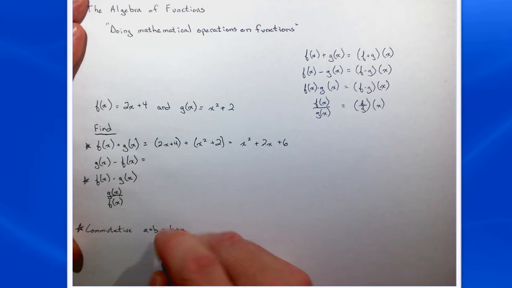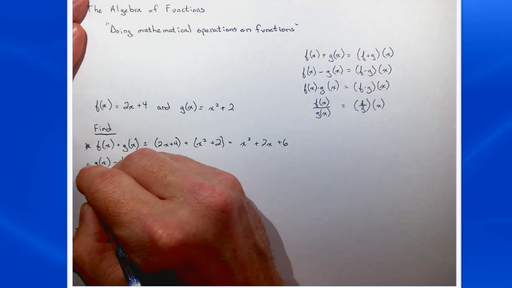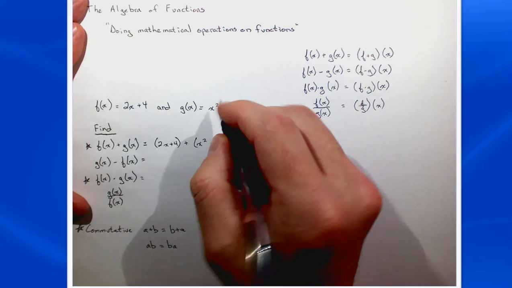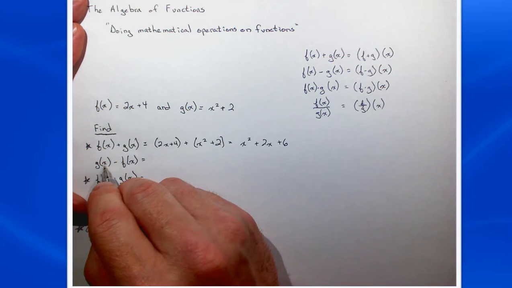Subtraction and division is not the same. ab is the same as ba. So for instance, 1 plus 3 is 4, and 3 plus 1 is 4. 2 times 3 is the same as 3 times 2. It is not the same for subtraction and division. They are not commutative. So, back to our problem.